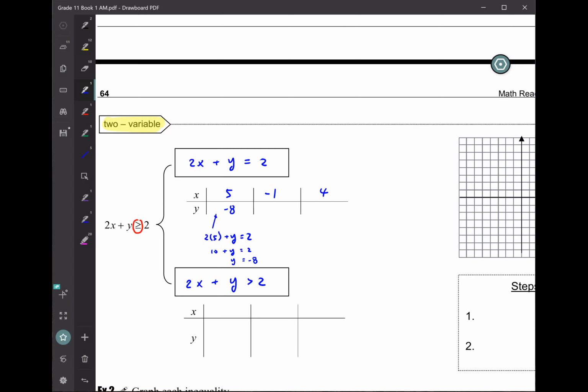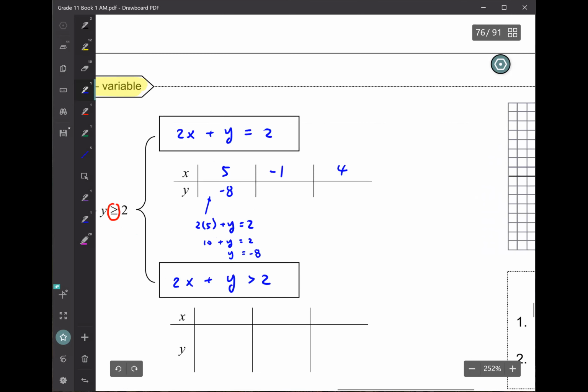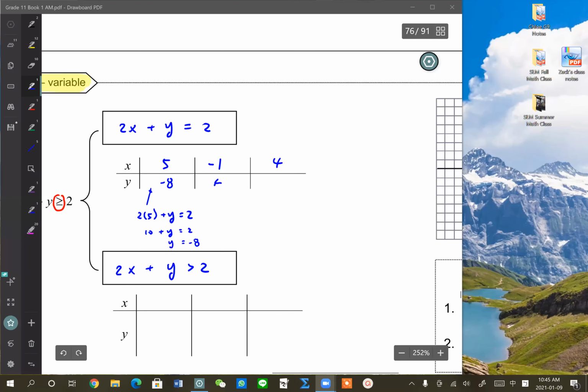Okay, Colin, what do you have for -1? 4. 4, yep. Okay, let's write that out. Can you guys see the screen right now?